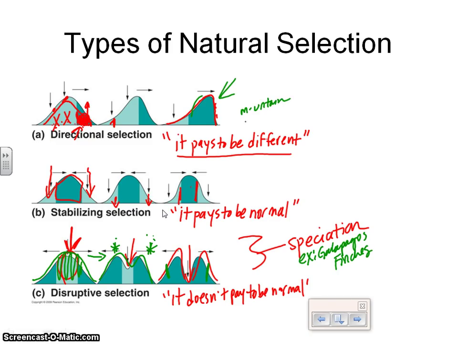The mountain reproductively isolates that population from the other population, and then they adapt over millions of years to that isolated environment. So these other types of selection can lead to speciation, but it's also coupled with some type of environmental thing that isolates them. Okay, and we'll actually get into that in a couple slides with reproductive isolation.